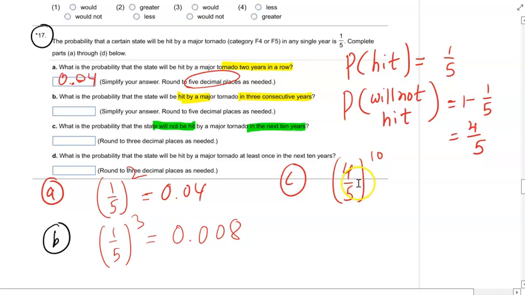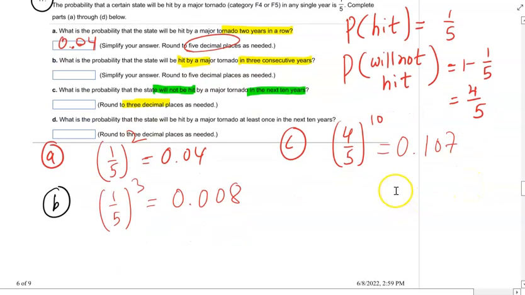You multiply 4/5 ten times, use the calculator, round it to 3 decimal places, and you'll get 0.107.